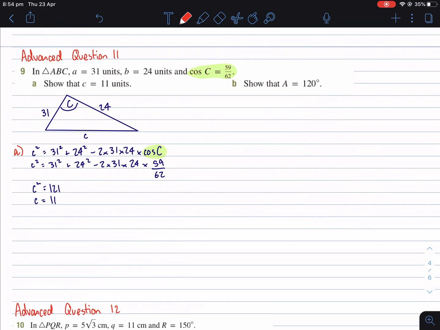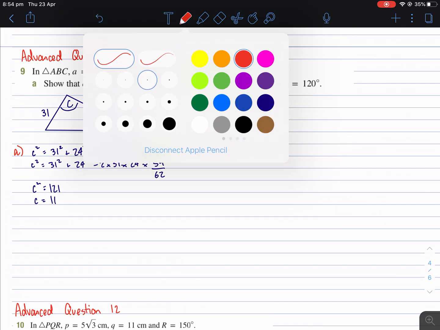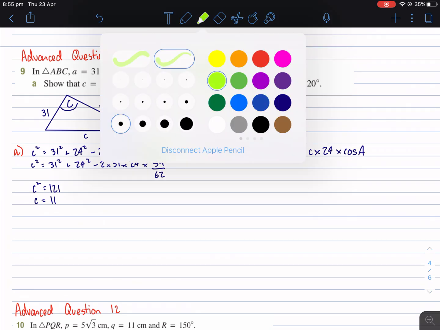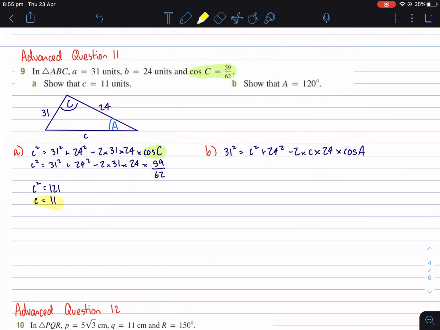Okay, question B. This then would be angle big A. So I know that 31 squared, because you always have to start with the side opposite the angle you're trying to find, is c squared plus 24 squared, take 2 times c times 24 times cos big A. This time though, we know c is 11.